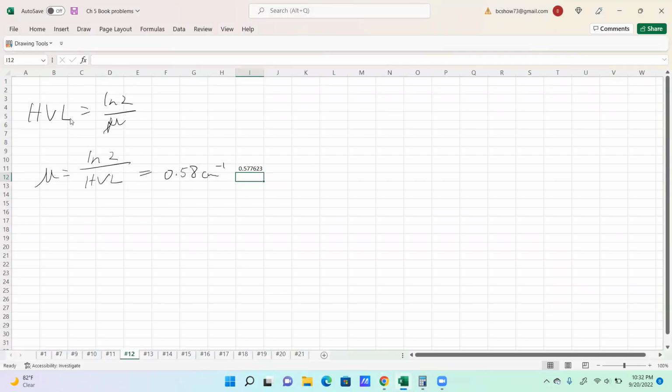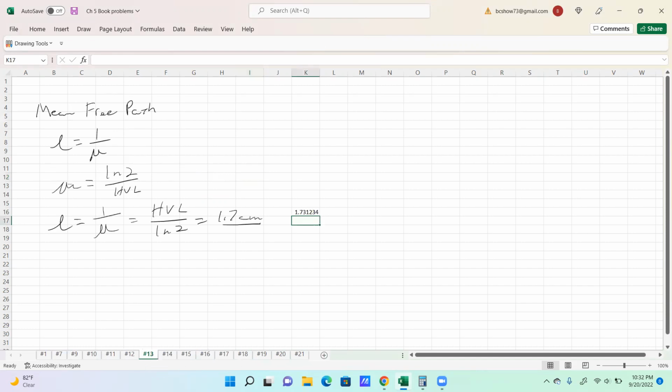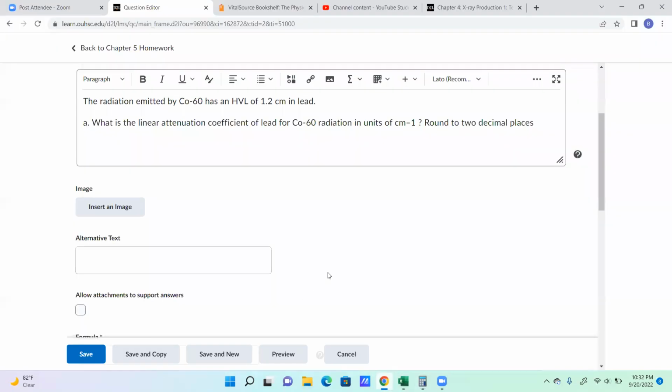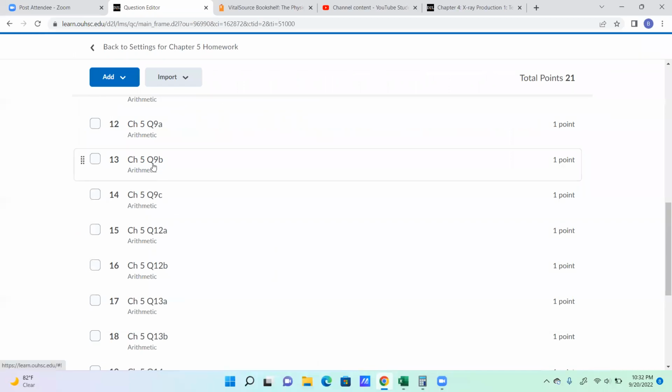To find that, you can use this formula. The half-value layer is equal to the natural log of 2 divided by mu. Mu is equal to the natural log of 2 divided by the half-value layer. So you come up with 0.58 cm^-1. Go on to 13.